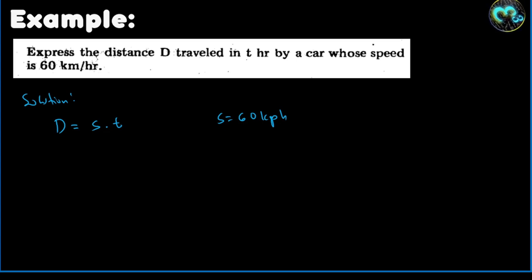Our time is to be called t and our distance is d. So what we need to do is just substitute the speed here. So d is equal to 60t. We have already expressed distance in terms of time t, and this is now our answer.